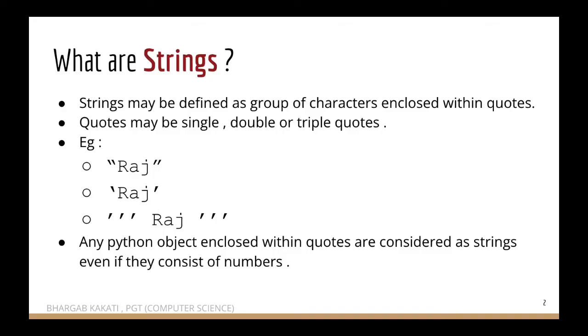So it's not that inside the quotes we need to have only alphabets. Inside the quotes you can have numbers also, or a mixture of numbers and other characters. For example, if I write 281, normally it is an integer, but if I write 281 within quotes, then it will be termed as a string.